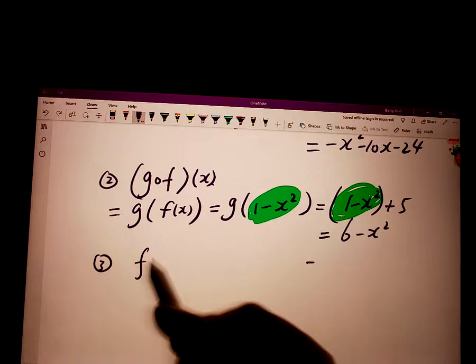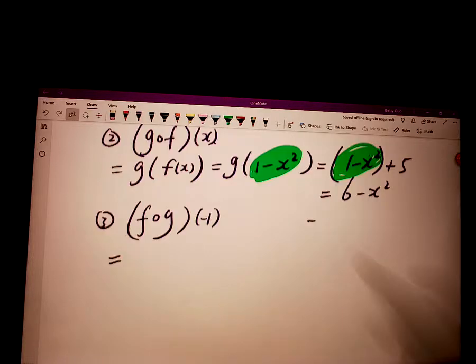Remember, the first thing to do is rewrite the notation. Rewrite it as f of g of negative 1.